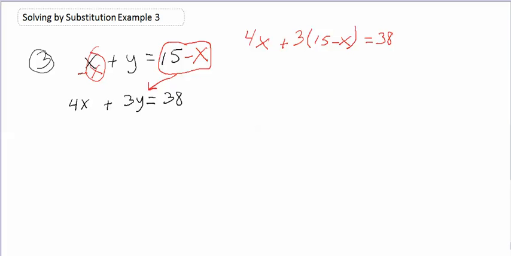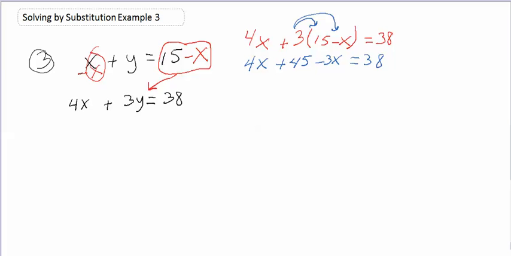Okay, now I still got some work to do. I'm not going to do anything with this 4x. I'm going to keep it the same for now. I've got to do my distributive property, so I need to multiply. 3 times 15 is 45. Then I've got 3 times negative 1, which is negative 3, and I need to include my x, is equal to 38.